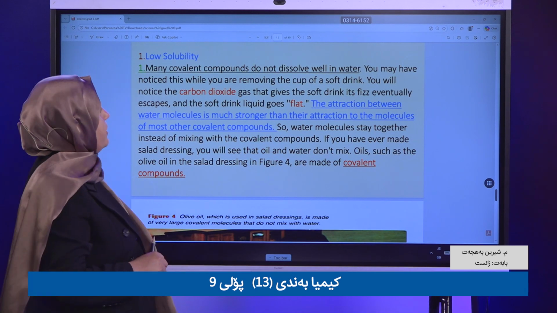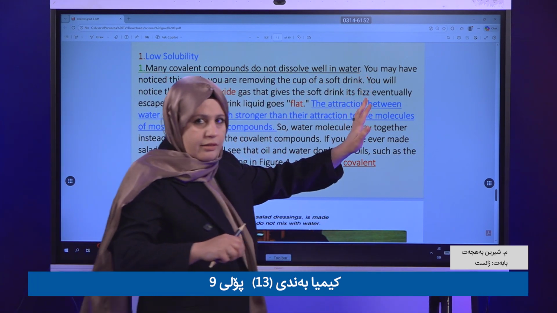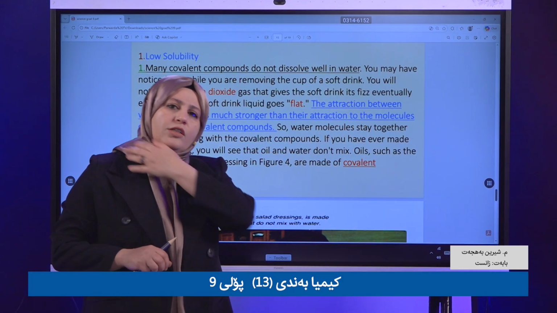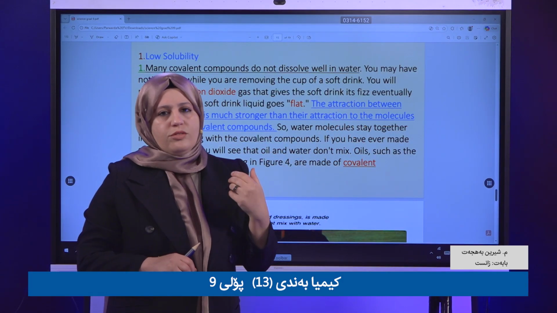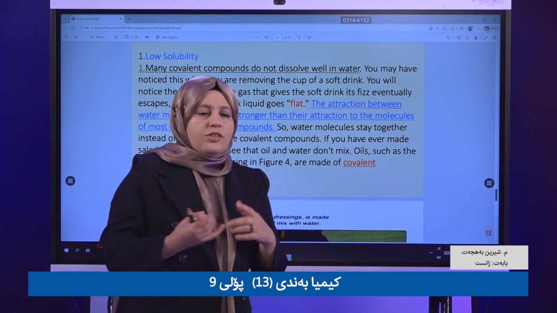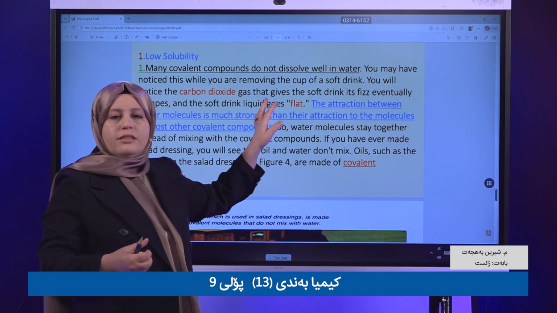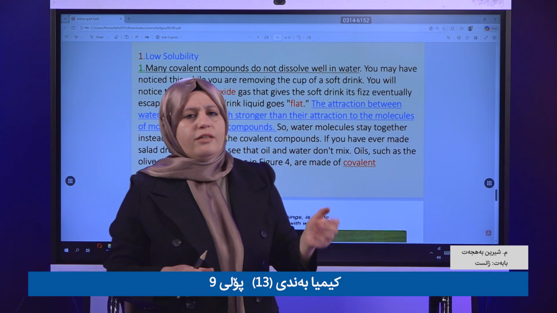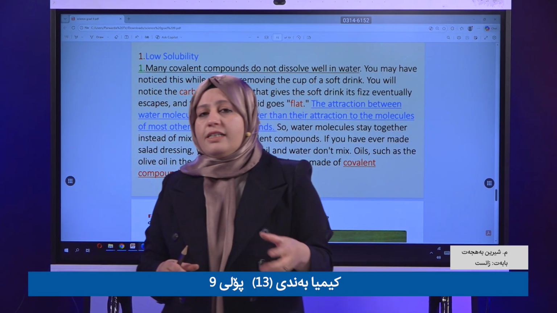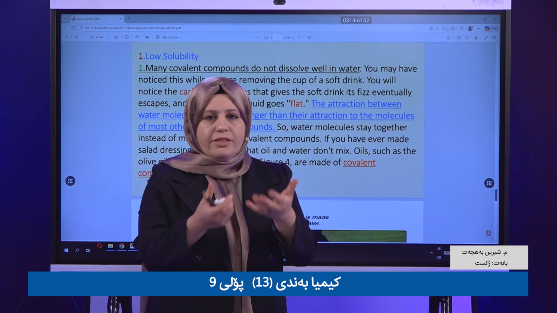Let's go to low solubility. Many covalent compounds do not dissolve in water. Most of them don't dissolve in water, but some of them do. Such as what? Carbon dioxide does not dissolve in water. Where is carbon dioxide present? It is put in fizzy drinks to give them the taste.